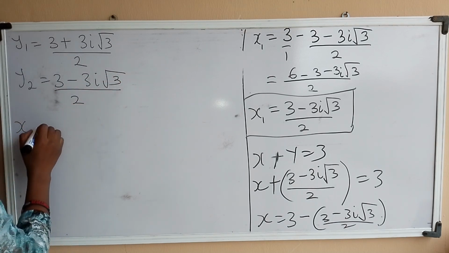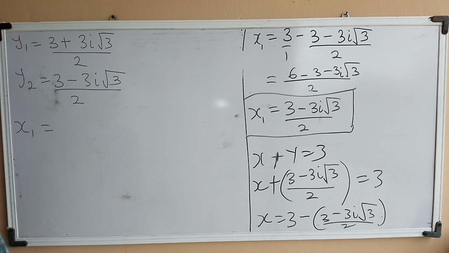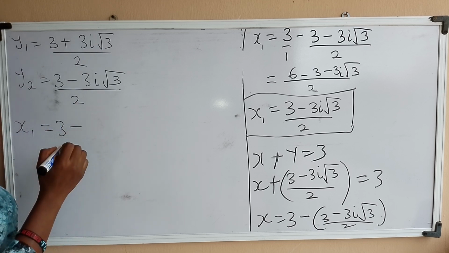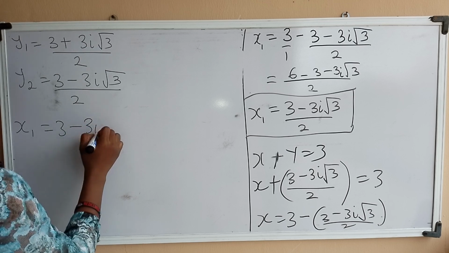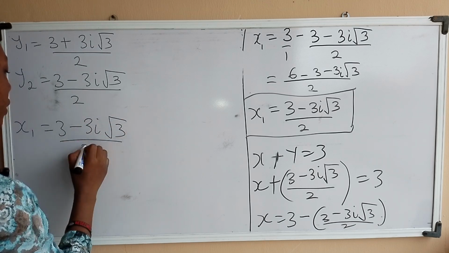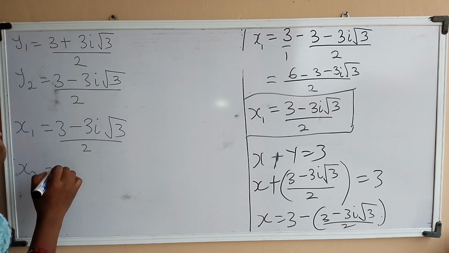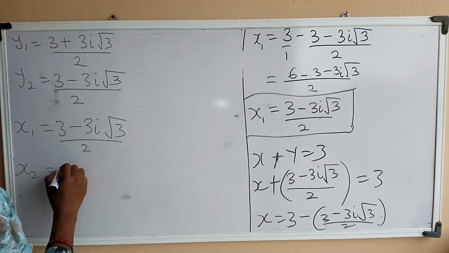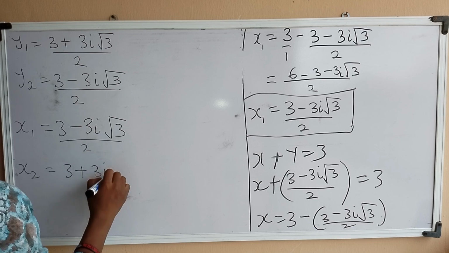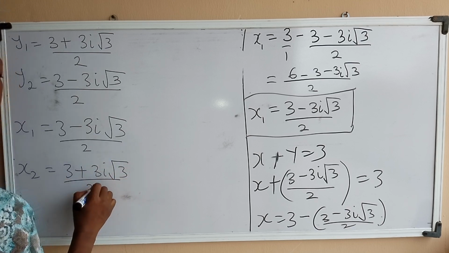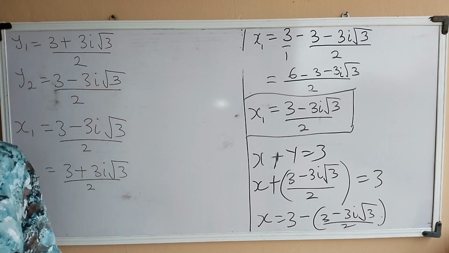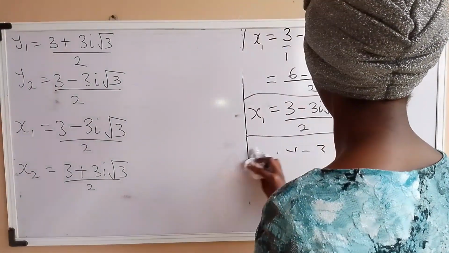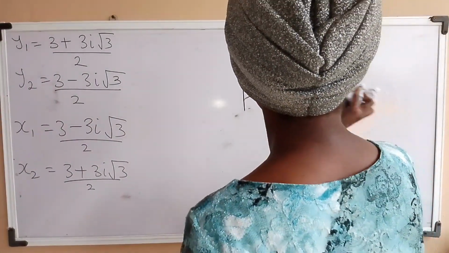Our x1 to be 3 minus 3i root 3 over 2. And our x2 to be 3 plus 3i root 3 over 2. So these are the values. Now I can clean this side so we can prove using the two equations.